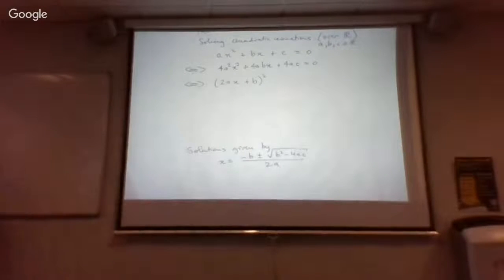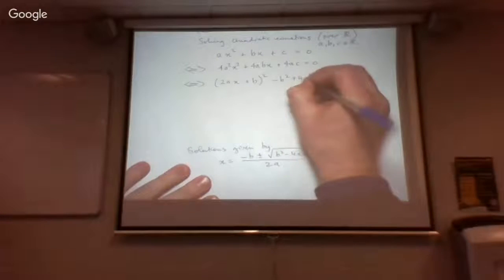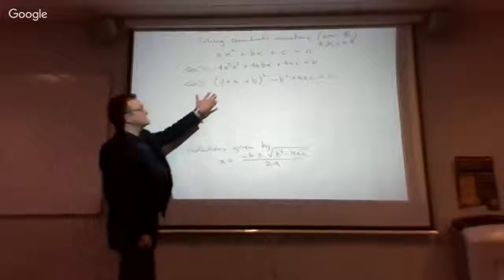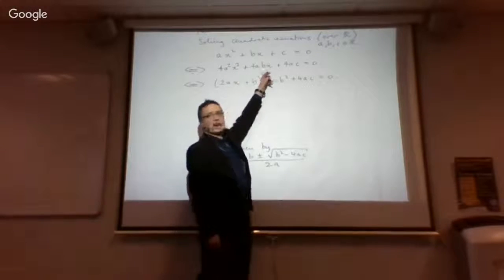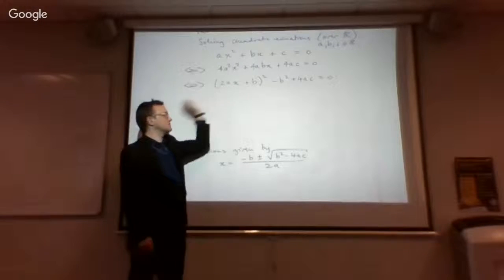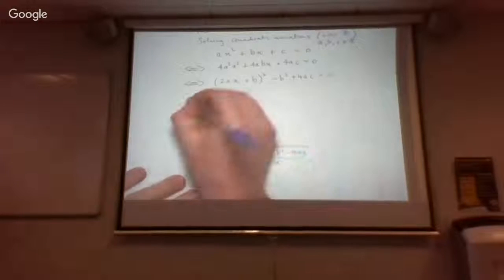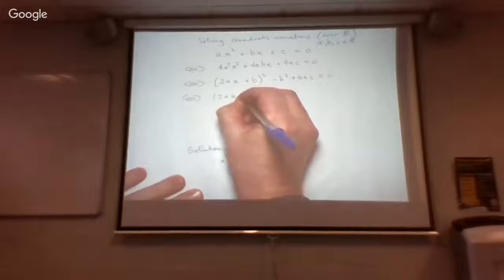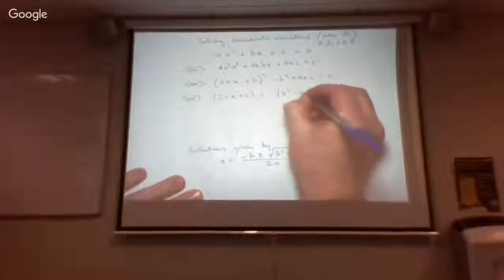So we'd want to immediately subtract that, get rid of it, and then you still have your plus 4ac here. And this is good because now we no longer have x in 2 places, an x squared here and an x over here. We've now just got one x located there, x to the power 1. So we just make this x the subject of the equation. Just chuck everything over to the other side. So this gives us that 2ax plus b is equal to the square root of b squared minus 4ac.